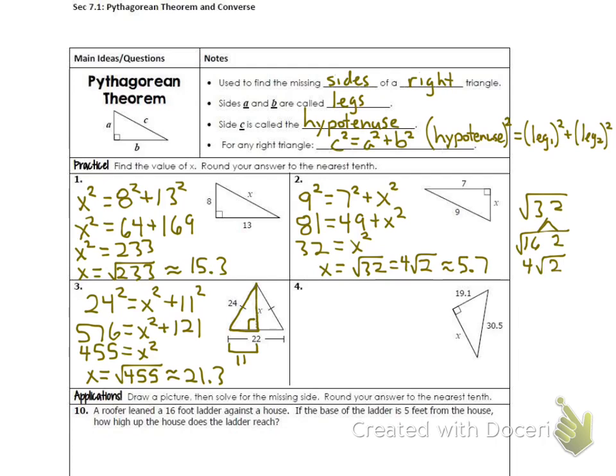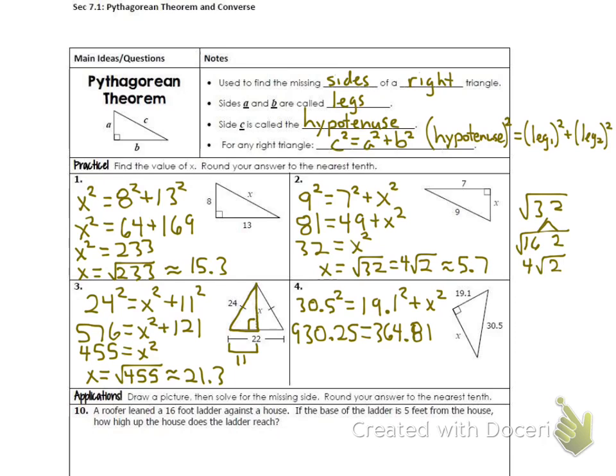For number 4, we have decimals, so we'll go 30.5 squared is the hypotenuse, 19.1 squared, and x squared. 30.5 squared is 930.25. 19.1 squared is 364.81.